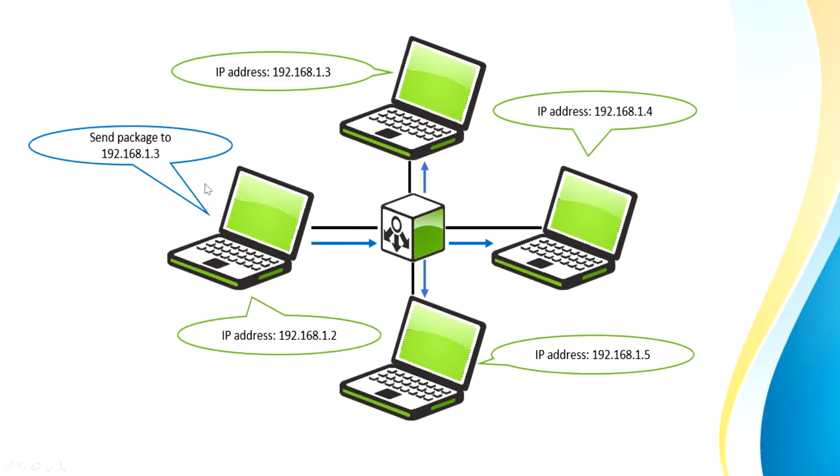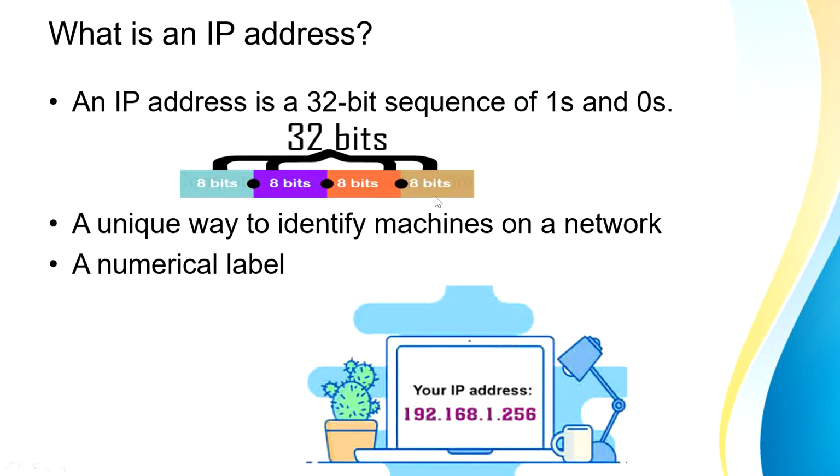So basically it is telling its router to send a packet to the machine 192.168.1.3. So automatically the router will route the packet to this machine, whichever IP address is mentioned inside your packet. So this is the source here and this is the destination.